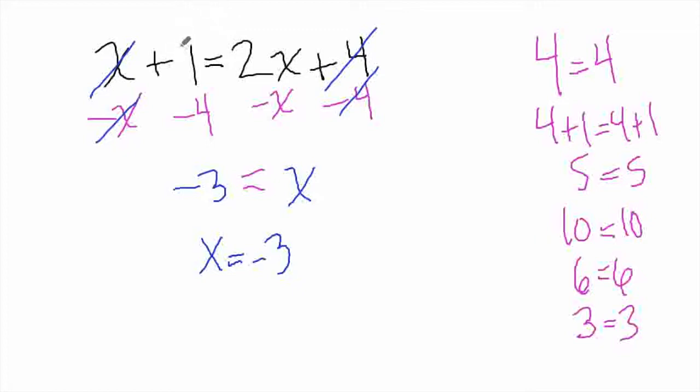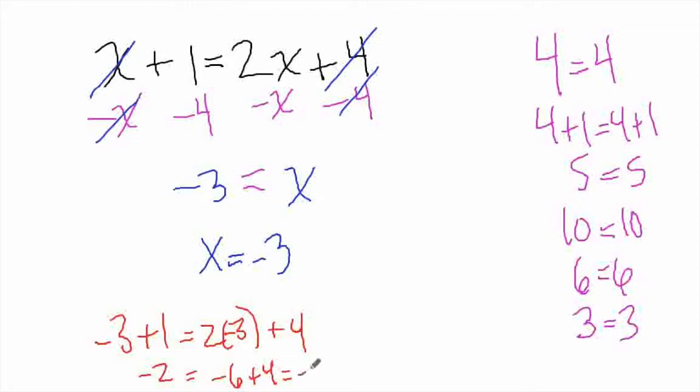Let me go back to the original equation, and I'm going to replace the x with a 3 everywhere. Excuse me, I'm going to replace it with a minus 3. Thought something was fishy. On the left side, minus 3 plus 1 gives minus 2. On the right side, minus 6 plus 4 is minus 2. So lo and behold, both sides are the same.